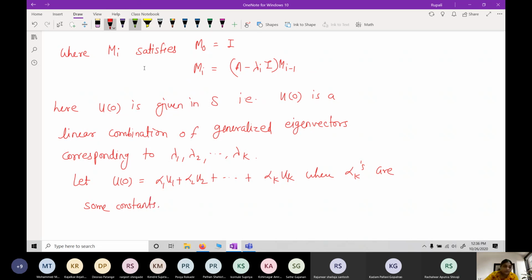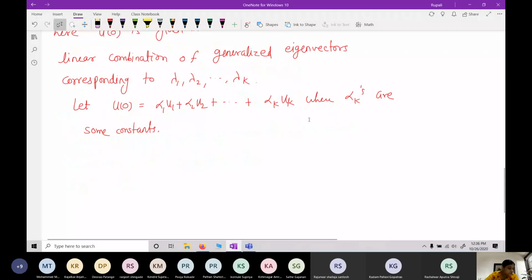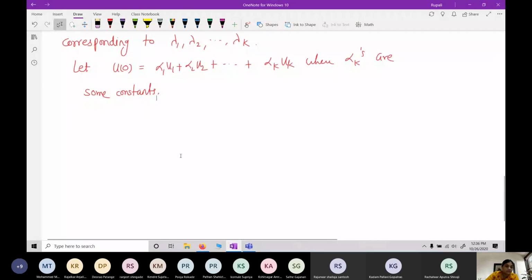We have already used c1, c2, so we use alpha 1, alpha 2. Okay, so if u0 can be written as a linear combination of this, then what will be M_k u0?